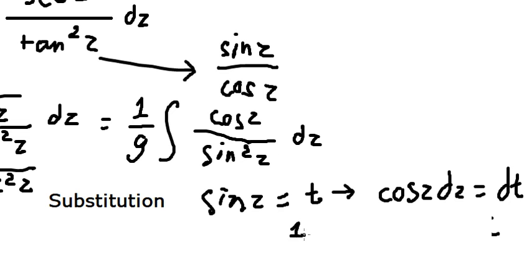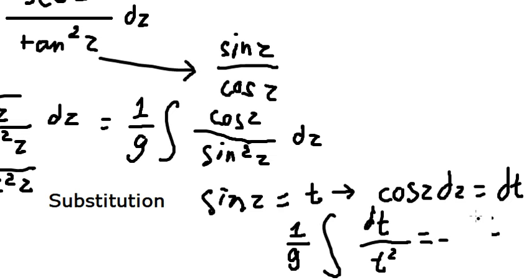So we get 1 over 9 the integral of sine z square, you get t square. This one you get dt. So we get negative 1 over 9t plus c.